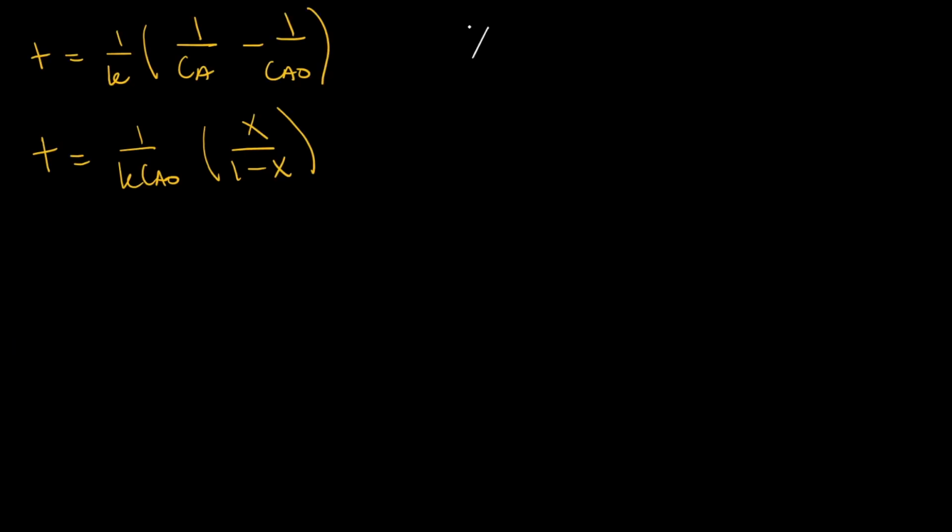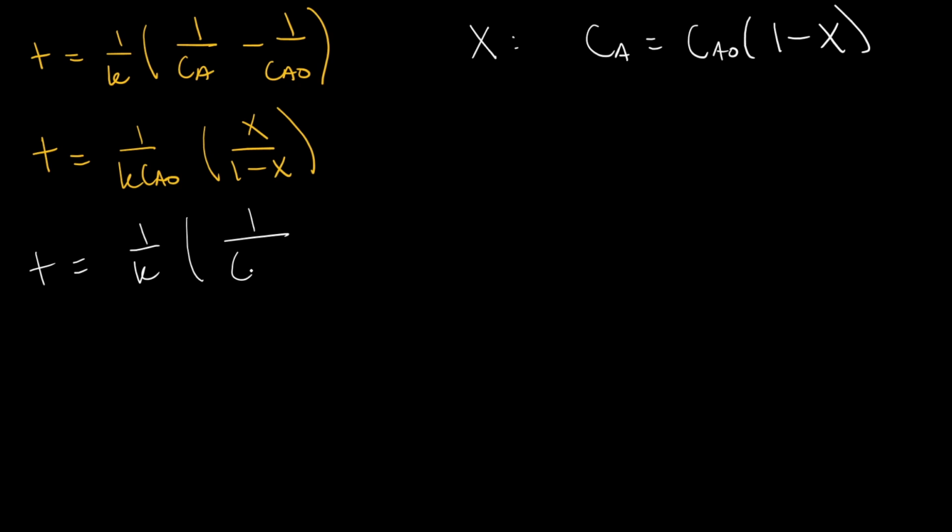So earlier we had that Ca is equal to Ca0 times (1 minus x), and we're just going to plug this into this top equation and hope that we get the equation at the bottom. t is equal to 1 over k times (1 over Ca0 (1 minus x) minus 1 over Ca0).